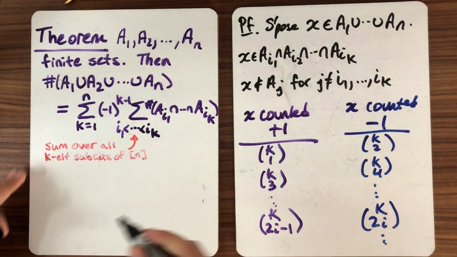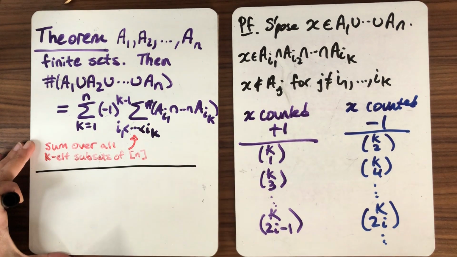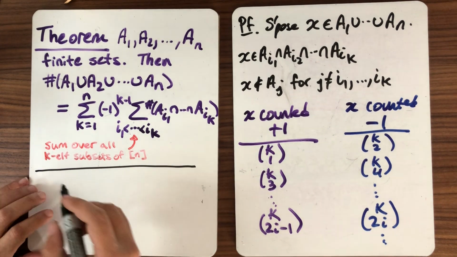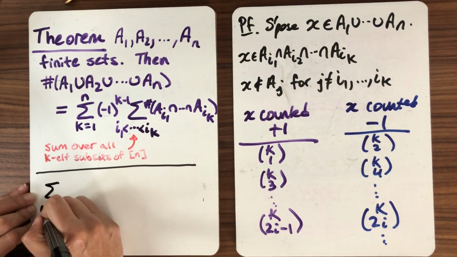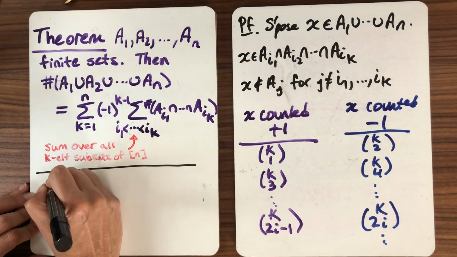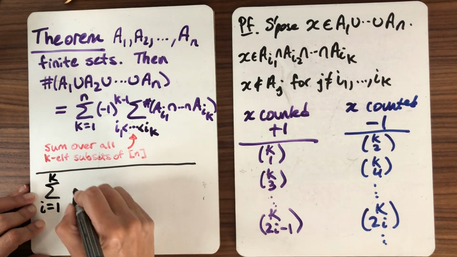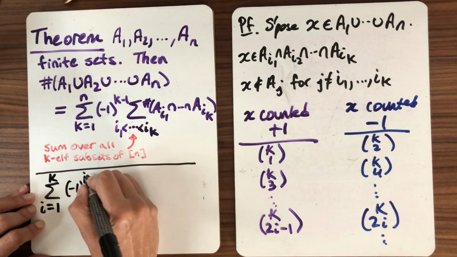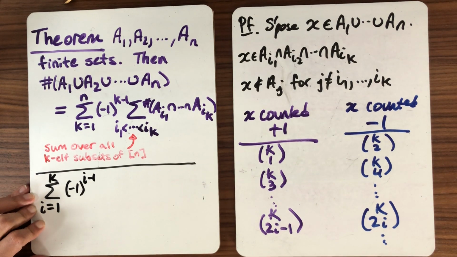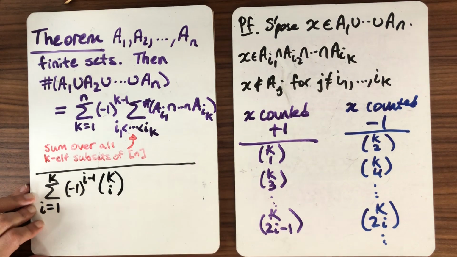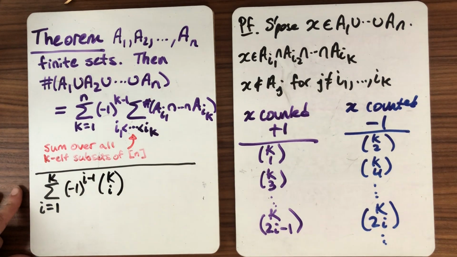So let's continue the proof over here. What does that tell us? In total, how many times have we counted x? We've counted x the sum from i equals 1 to k of (-1)^(i-1) times k choose i. This is how many times we've counted x.